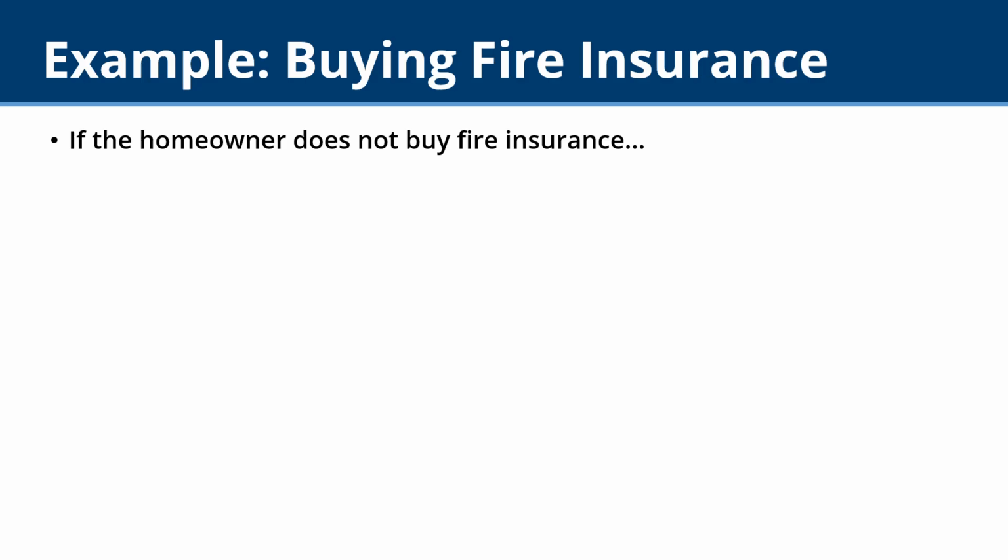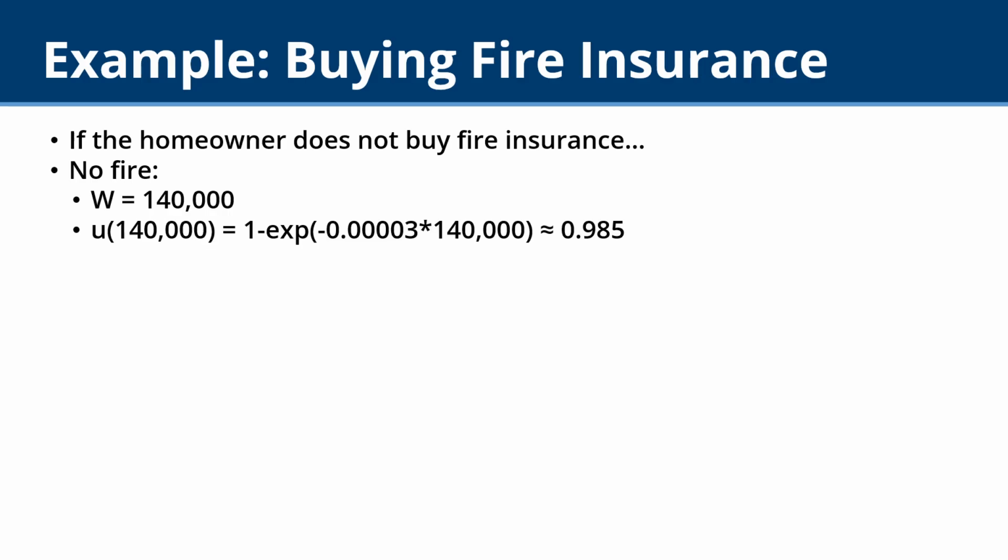It just means they don't have insurance coverage if there was a fire. So let's assume there's no fire. Their wealth is still 140,000, unchanged. We can find the utility value for this 140,000 by plugging into the utility function, which is 0.985.